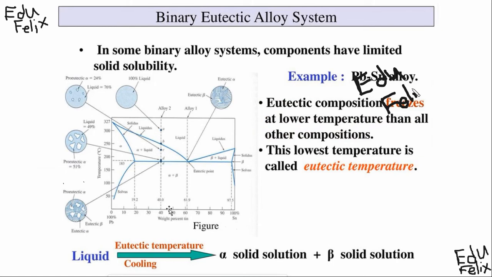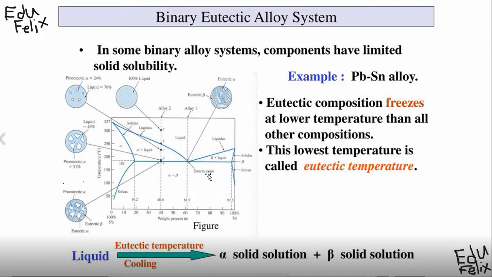In a binary eutectic alloy system, in some binary alloy systems the components have limited solid solubility. Here you can see this is the point. From here to here, in the previous case, we had a single line.